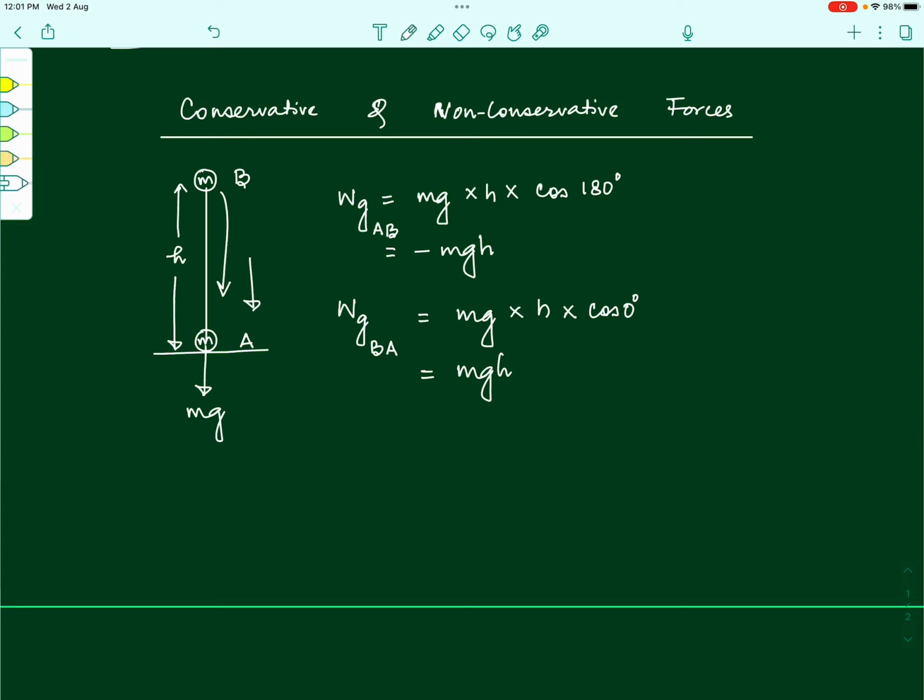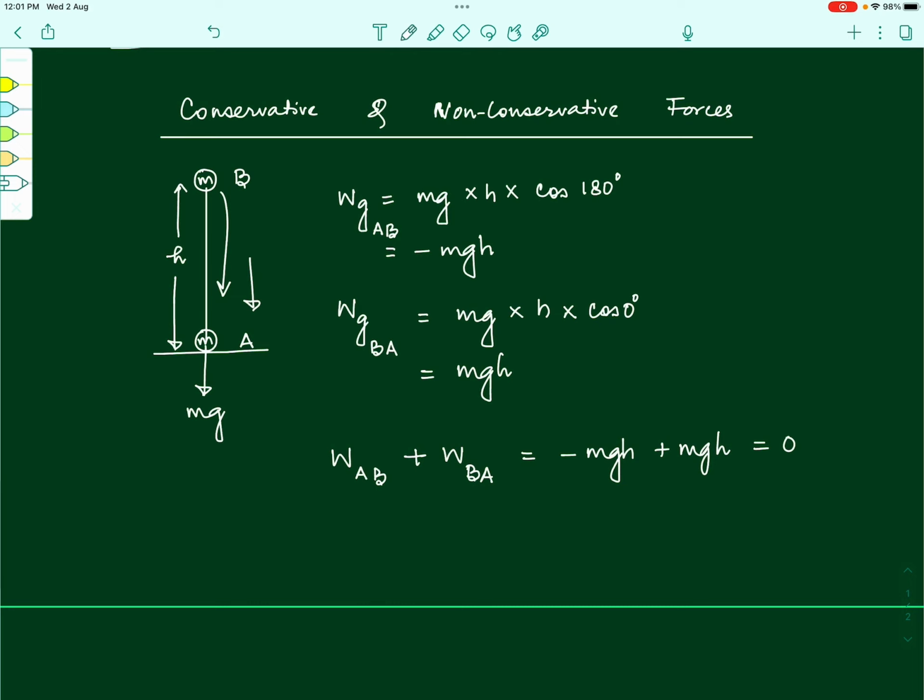Can we say that in this particular figure, work done for the round trip will be the work done from A to B plus the work done from B to A? We just need to add the two works. By gravity we are trying to find out the work done for a round trip. Can we say in this case this will come out to be minus mgh plus mgh, which is nothing but 0.